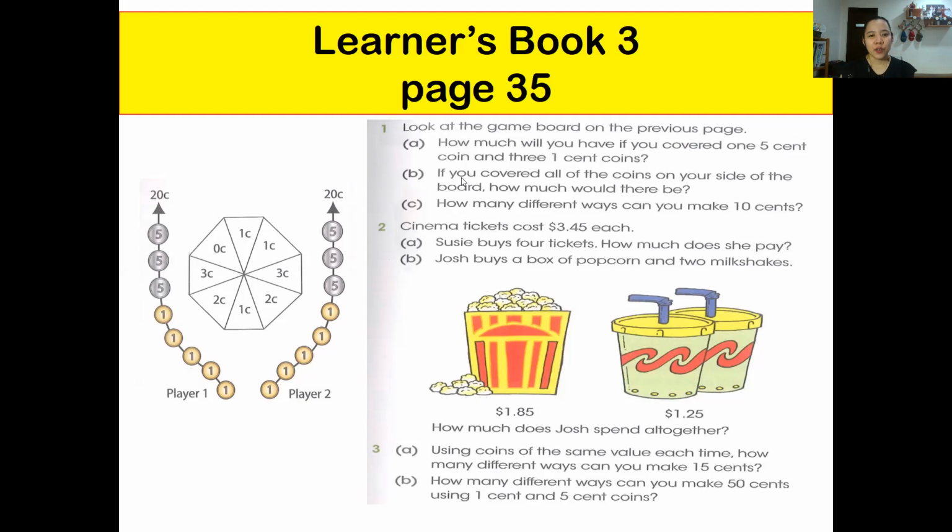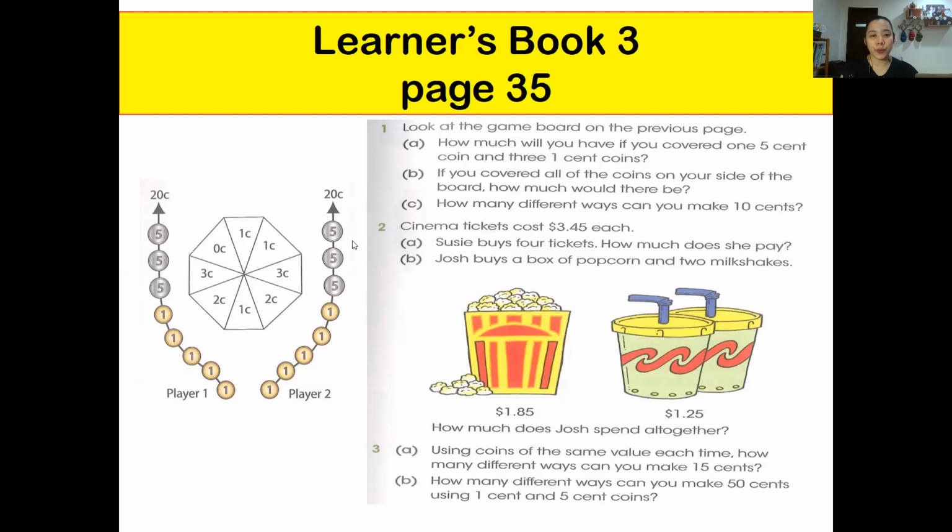Letter B, if you covered all the coins on your side of the board, for example, player 1, how much would there be? Now for letter C, how many different ways can you make 10 cents? So using again this game board, if you are player 1, you try to make 10 cents in different ways, just like in the game that we had.